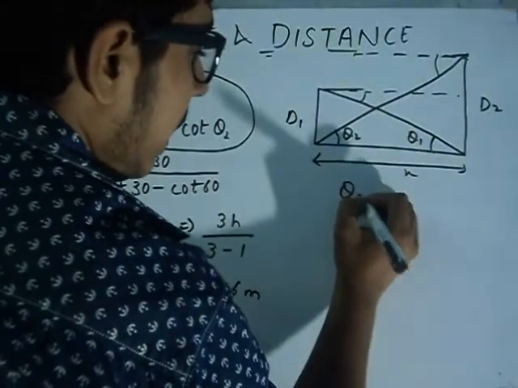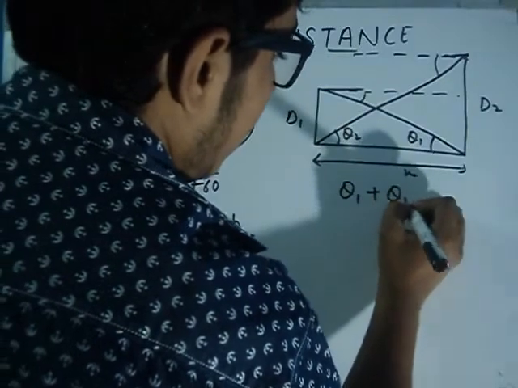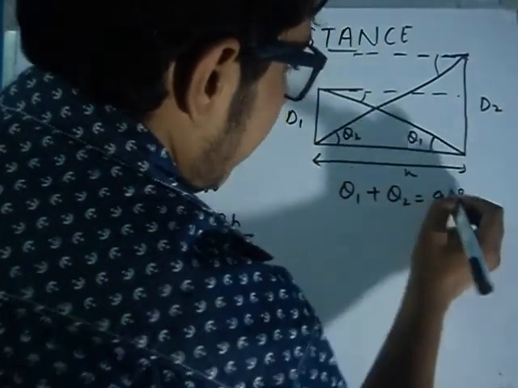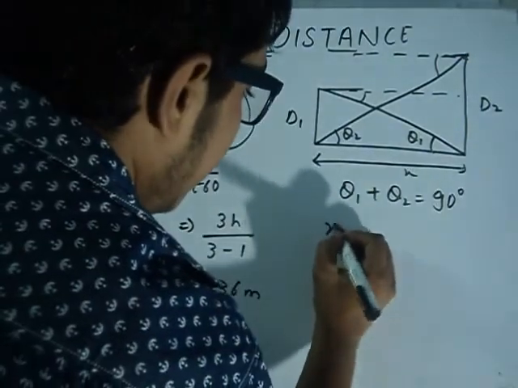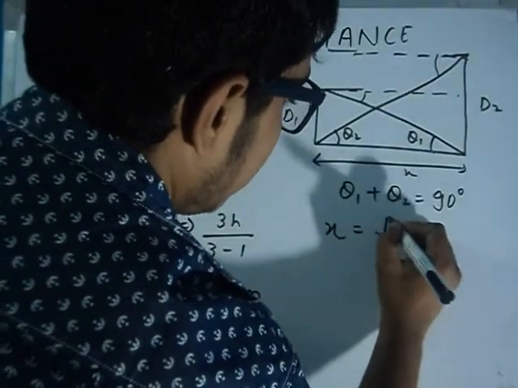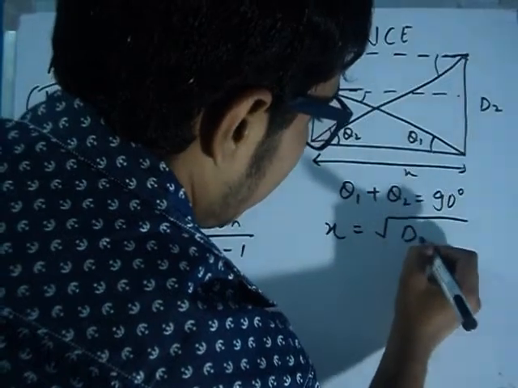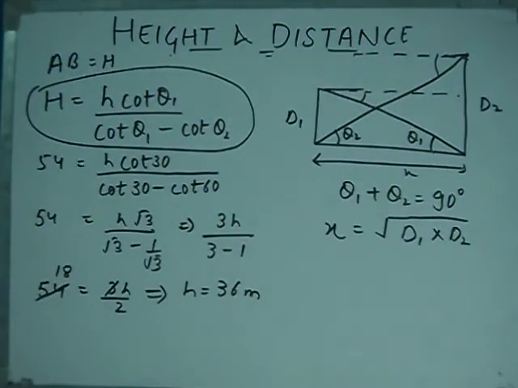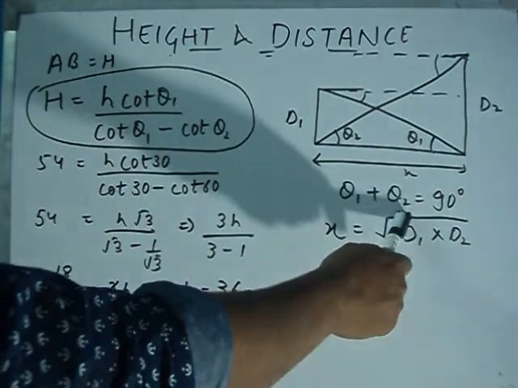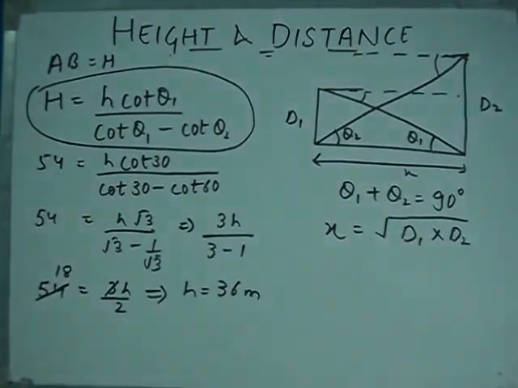When theta 1 plus theta 2 is equal to 90 degrees, then the distance between these two points is equal to the square root of the product of d1 and d2, both the heights. It's a special trick. It is applicable only when theta 1 plus theta 2 is equal to 90 degrees.